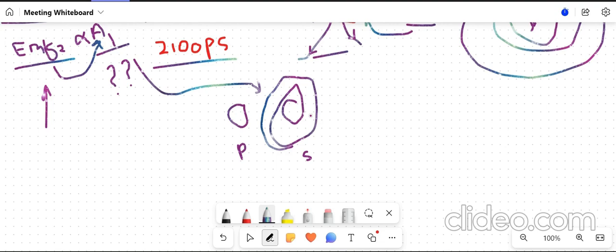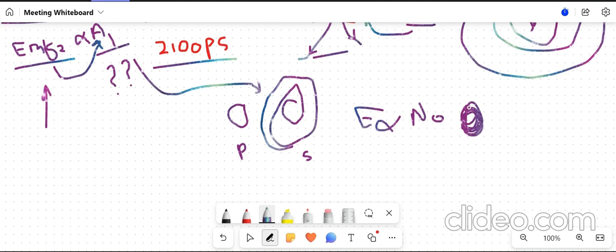This is again one of the different results. So EMF is directly proportional to the number of loops. Please see this.